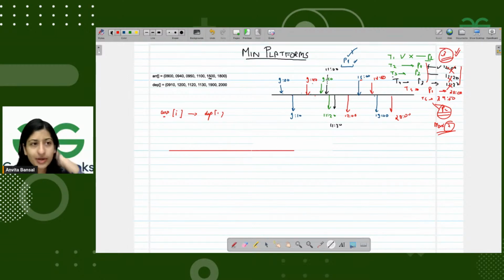Let's say your trains were arriving, and at this instant I am saying that I have sorted my arrival times. On sorting arrival I am going to get the same array here in this test case, but I am asking you to sort arr and dep.